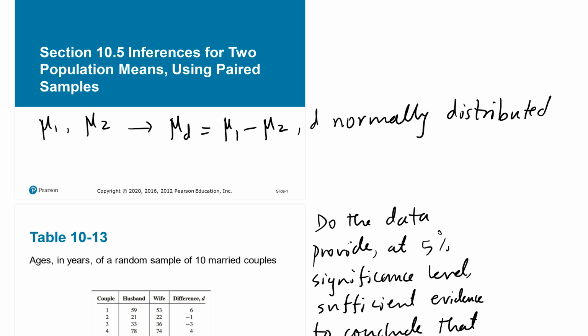What we have to do here is test a hypothesis. Do we reject the null hypothesis, or do we not reject the null hypothesis? So let's start by introducing what we'll call the paired t-test, the paired t-statistic test. And what does it say?